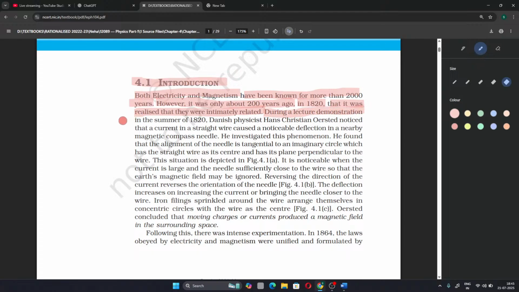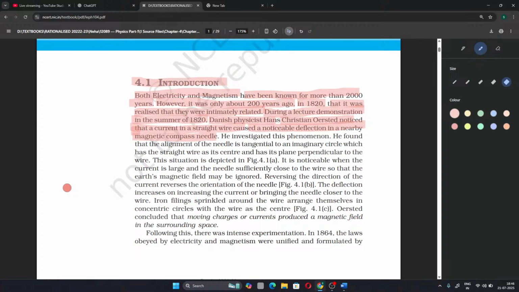During a lecture demonstration in the summer of 1820, Danish physicist Hans Christian Ørsted noticed that a current in a straight wire caused a noticeable deflection in a nearby magnetic compass needle.